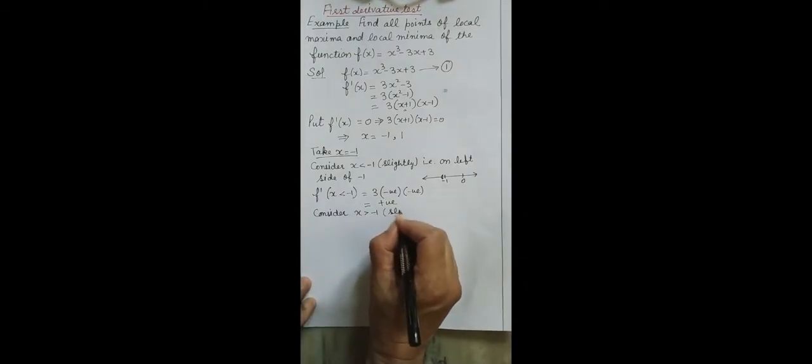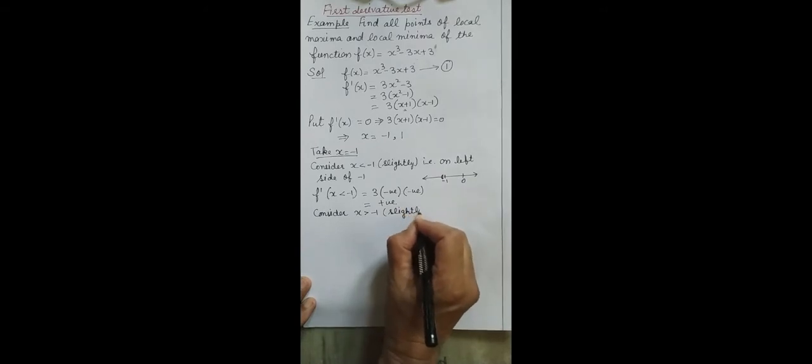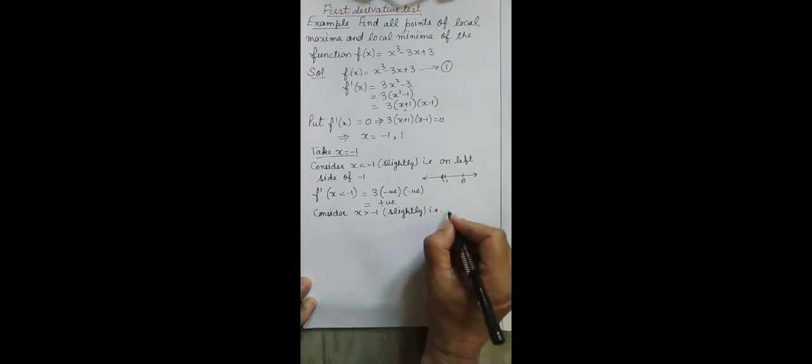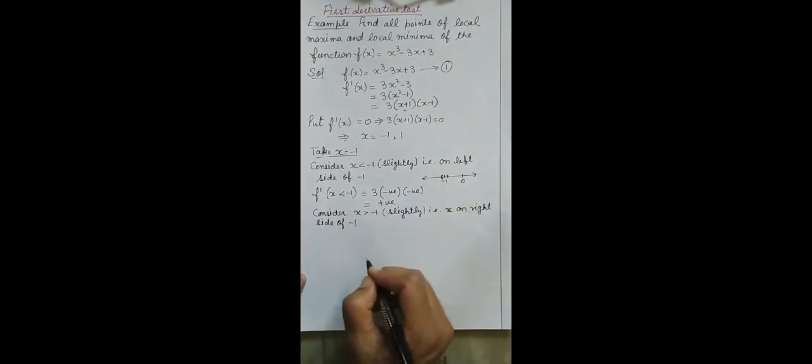Now I will consider x greater than −1 slightly. That is, I will take the value of x on the right side of −1, very close to −1.